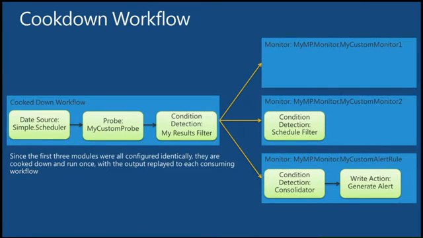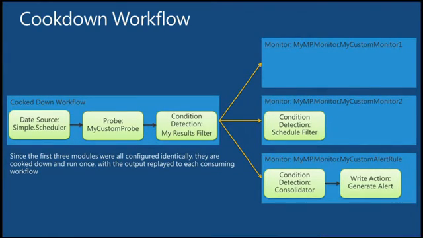Some caveats. When you do this, your parameters into those different modules have to be exactly the same. So any parameters you pass in, how long they're going to run, they have to be exactly the same. If they're not, then cook down won't work.